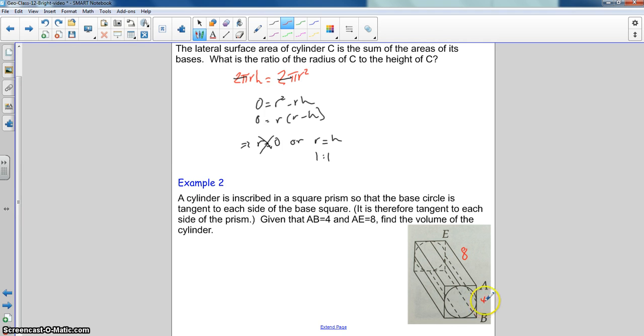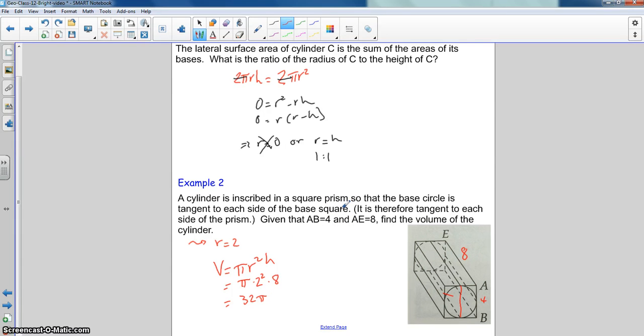This 4 is actually the diameter of the circle, so the radius is equal to 2. In my volume formula, volume is pi r squared h. Volume is pi, radius 2 squared, and h is 8. Doing the math out, I get 32 pi.